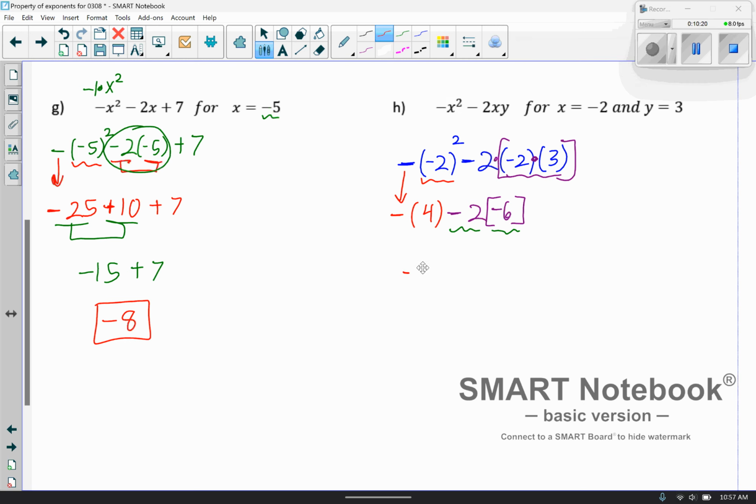So let's see, I have my negative 4 out front. Then a negative times a negative will become plus 2. Negative 2 times negative 6 will become positive 12 or plus 12. And then last, I'm left with negative 4 plus 12, which will give us a positive 8. Okay, so that's simplifying expressions with variables.